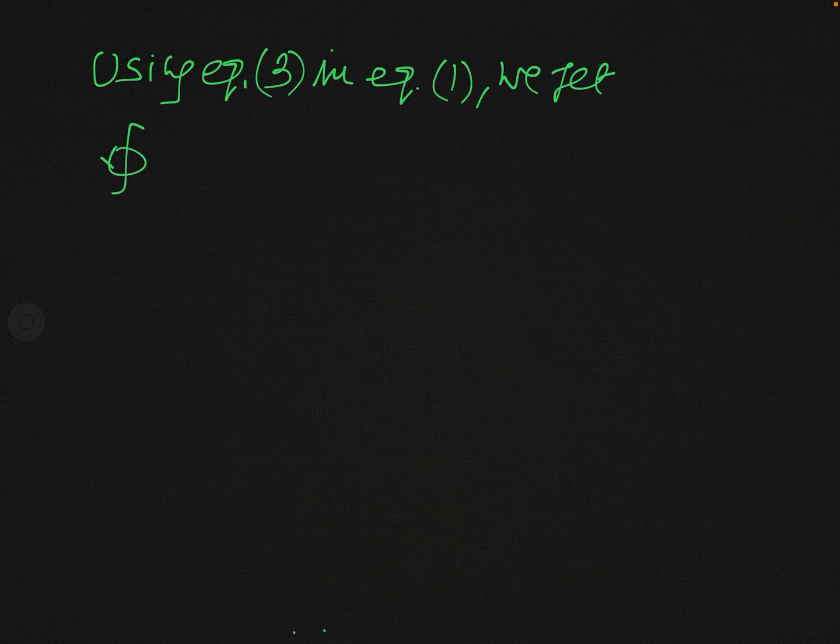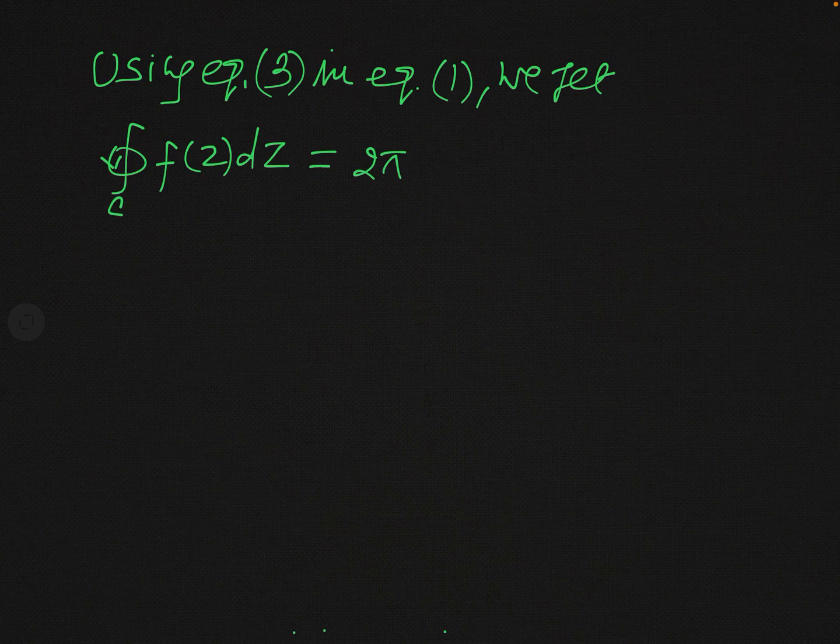We will get that integral along C of f of z dz. Remember, this C is not particularly a circle. It may be any simple closed curve. So this integral is equal to what?